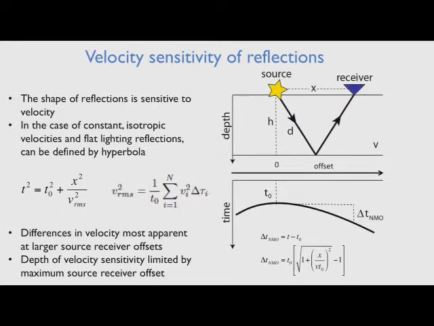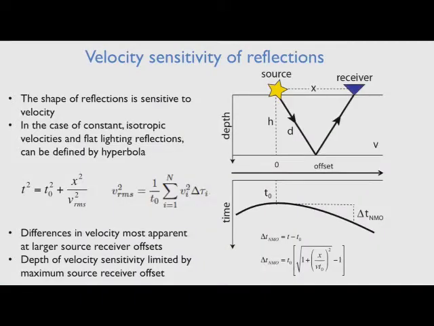At really small source-receiver offsets, you don't have a tremendous change in the arrival time of your reflections, but with larger offsets, you see much bigger changes in time. We'll talk later about how long the streamer of the Langseth is, or of other modern seismic vessels. One of the big reasons we want those long offsets is that we have much better sensitivity to velocity at much greater depths. So hopefully that makes sense.